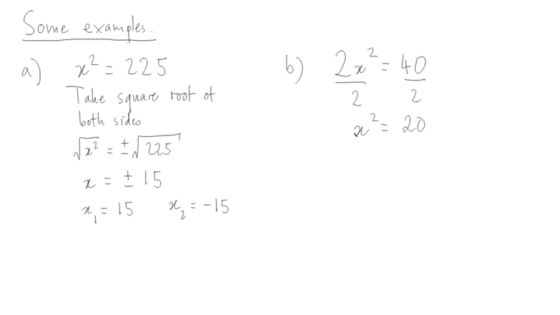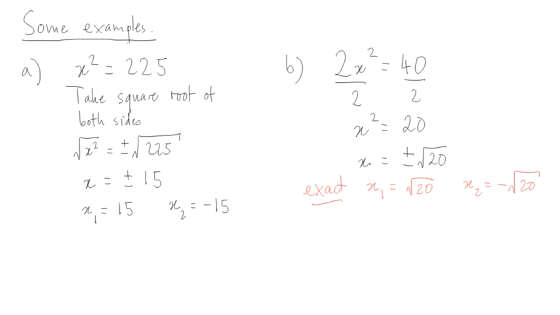And then I take the square roots of both sides to get x equals plus or minus the square root of 20. So the exact value is x1 equals square root of 20 and x2 equals minus the square root of 20.